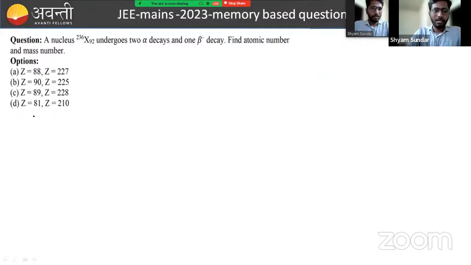Cool. Look at this equation. Here in a nucleus, X 92-236 undergoes 2 times alpha decay and 1 times beta decay. Find the atomic number and mass number after this conversion, means after this radioactivity, what will be the final mass number as well as the atomic number we have to calculate.